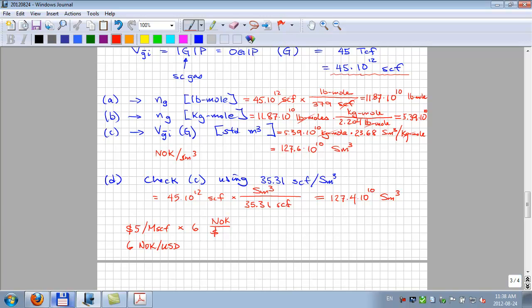And then I've got this 1,000 standard cubic feet. I got to get rid of that, so I write MSCF, 1,000 standard cubic feet. Now I've gotten rid of this and that. Now I want to get rid of the standard cubic feet. So we do this.